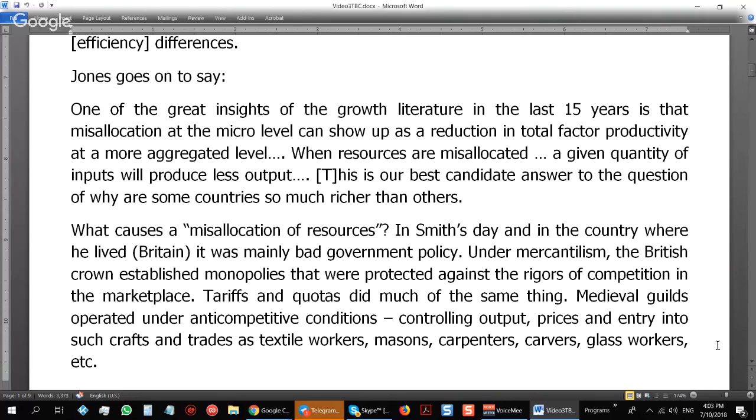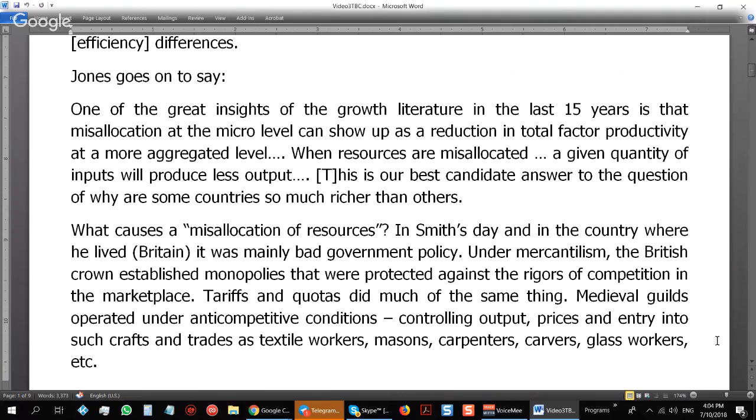What causes a misallocation of resources? In Smith's day and in the country where he lived, which was Britain, it was mainly bad government policy. Under mercantilism, the British Crown established monopolies that were protected against the rigors of competition in the marketplace.